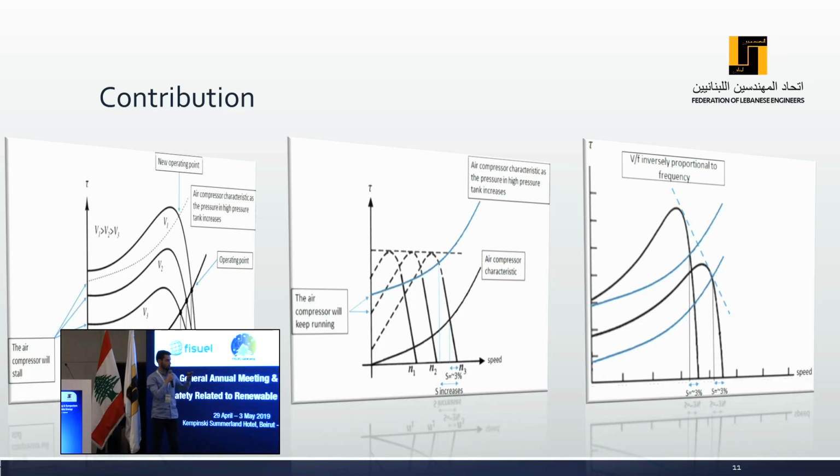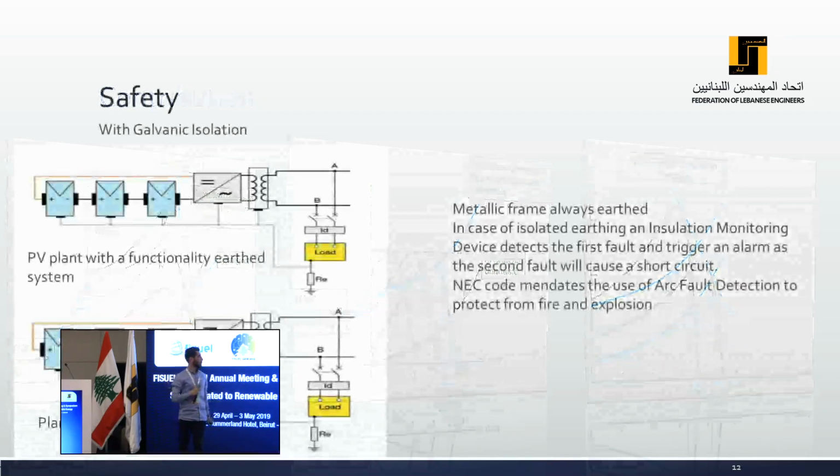So by maintaining the torque constant, the air compressor will keep running and injecting air into the tanks even at a lower rate. And for the future, we will work on the V over F inversely proportional to frequency method, which yields a higher torque actually, and maintains the slip constant as opposed to the V over F equal constant method, which increases the slip and, in turn, increases the losses.